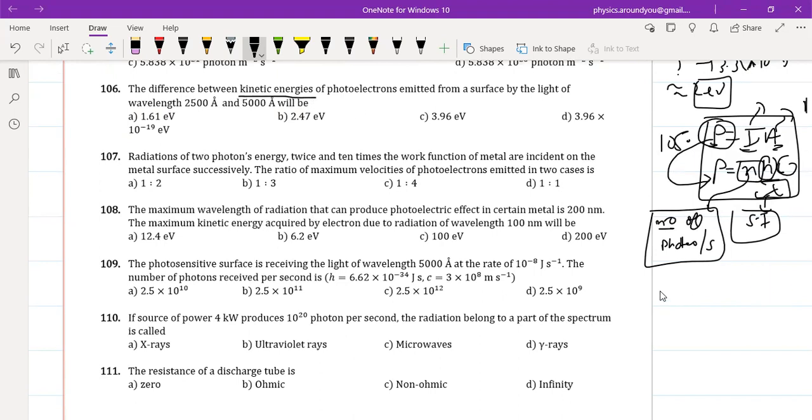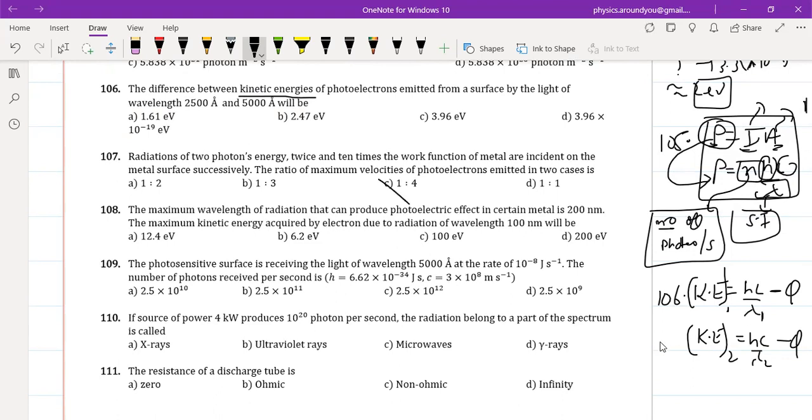This is slightly mathematical. We know that kinetic energy through Einstein's photoelectric equation is hc by lambda, incident energy, minus threshold. So kinetic energy of the first is equal to hc by lambda 1 minus phi, whereas kinetic energy in the second case is hc by lambda 2 minus phi. They are asking what is the difference between these energies.